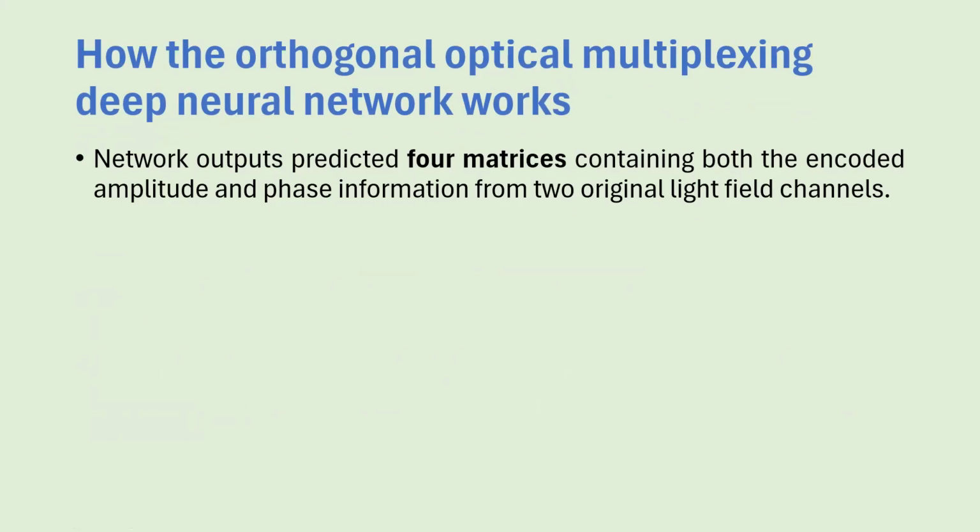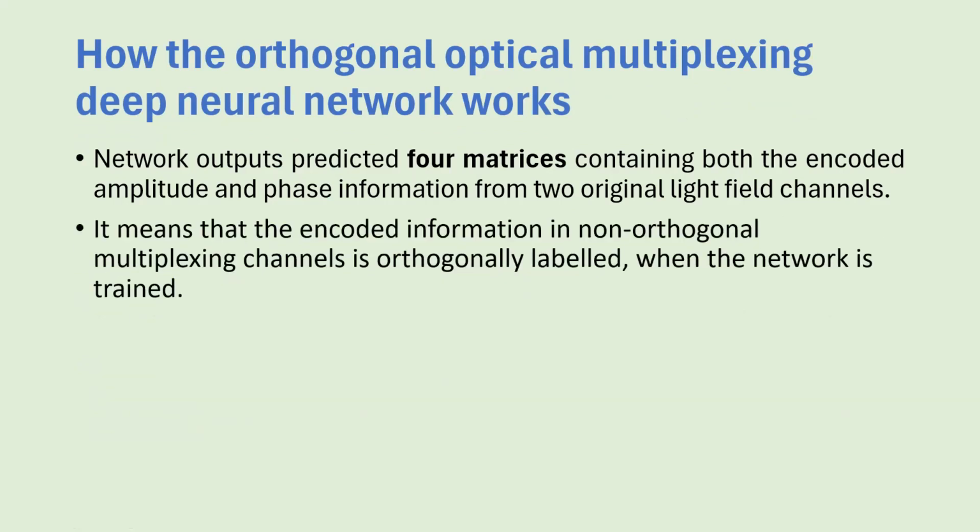The network outputs predicted matrices containing both the encoded amplitude and phase information from the two original light field channels. This means that the encoded information in the orthogonal multiplexing is orthogonal labeled.